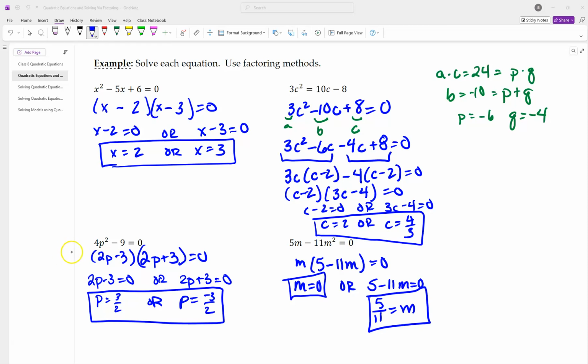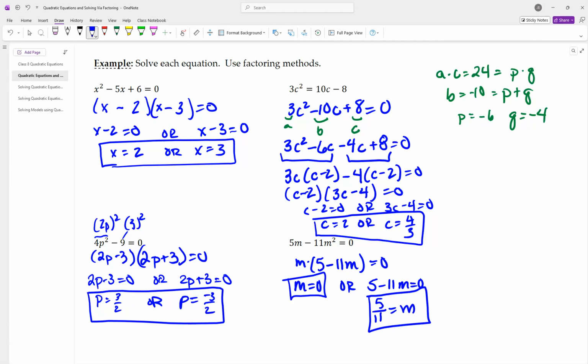This thing was 2p squared, and the 9 was 3 squared, so then I can use the difference of squares factor pattern and solve that. Next one, the GCF is m, so I pull that out, and now I have a product. Set each factor of that product equal to 0 and solve.